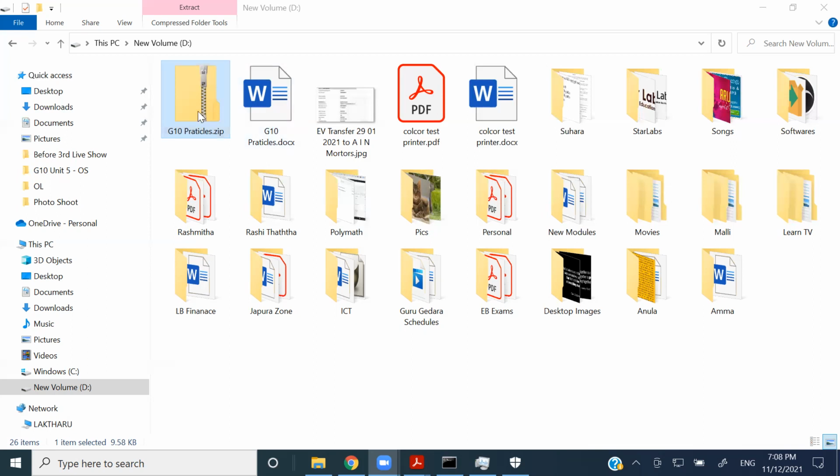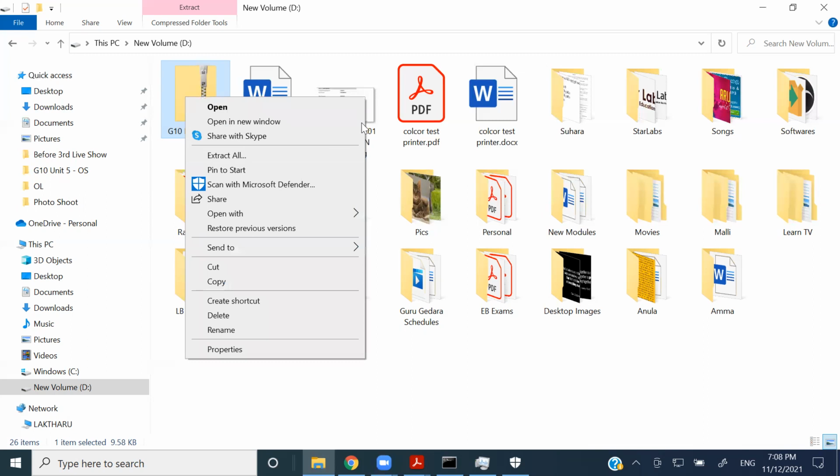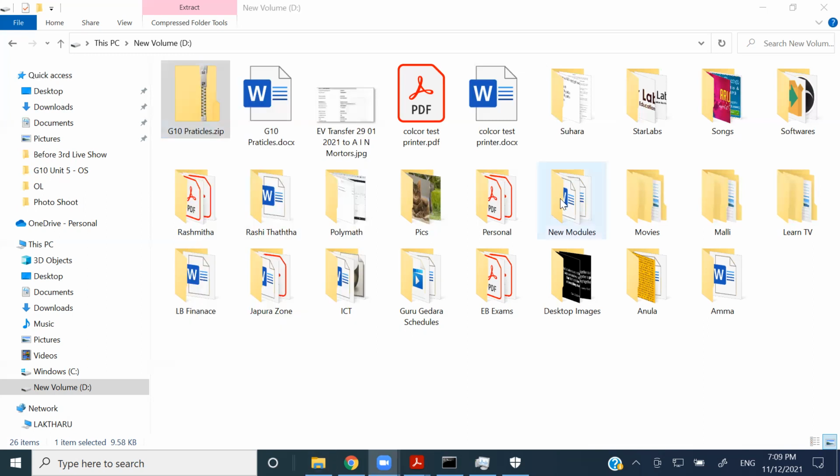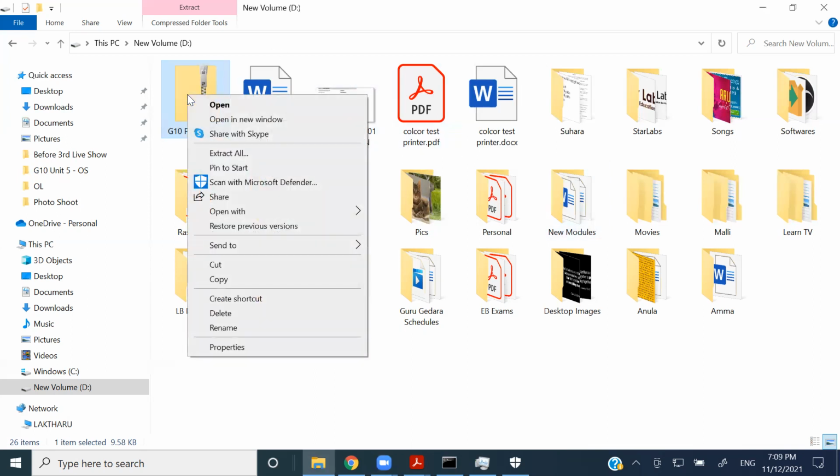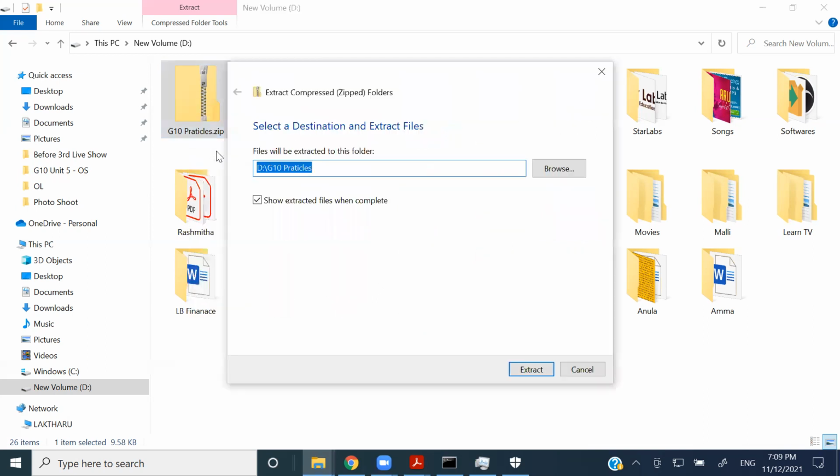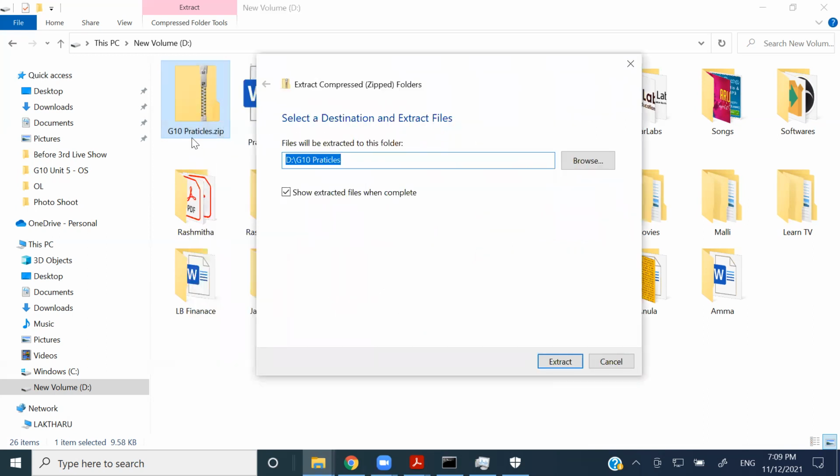So once you compress this, later you can right click and extract it. Compress means folding it up, and extract means unfolding it. Right? So you can extract it by right clicking on the zip folder and going for extract all. Then it will show the place to be extracted, and you can give any place you want.